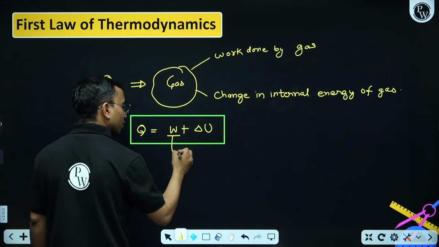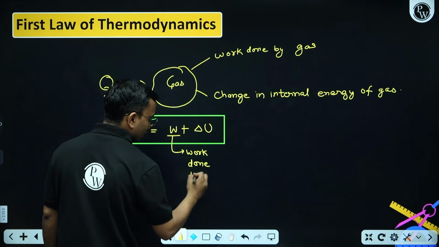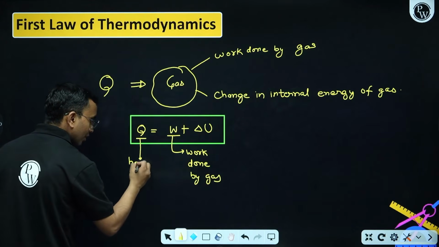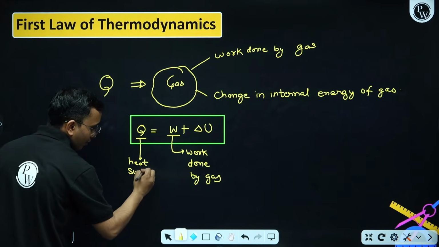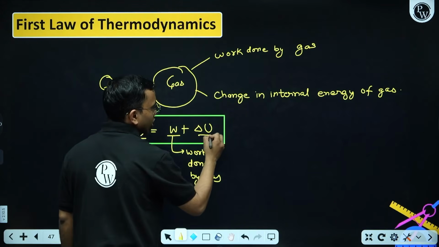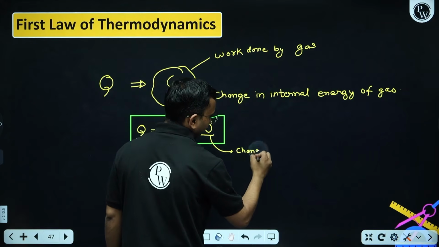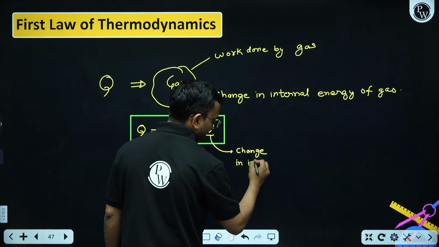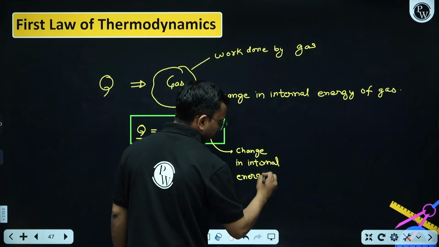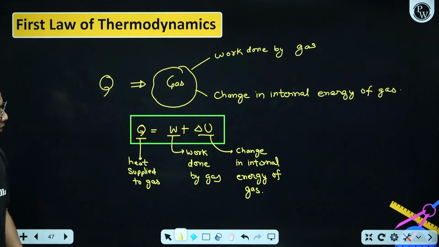Here W is work done by the gas, Q is heat supplied to the gas, and delta U is change in internal energy of the gas.